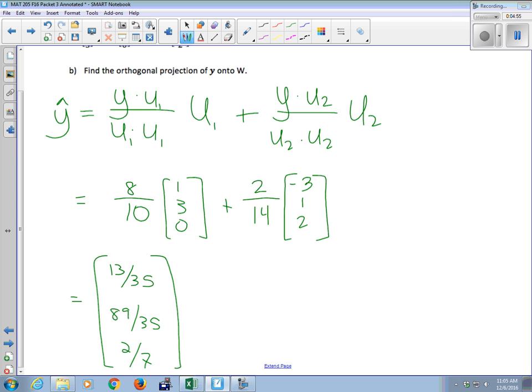So that's my y hat, also known as the projection of the vector y onto the subspace W. And that's it. So it's almost not really any different from last class's stuff, except we're just upping the dimensions. Sort of a theme of the class, right?